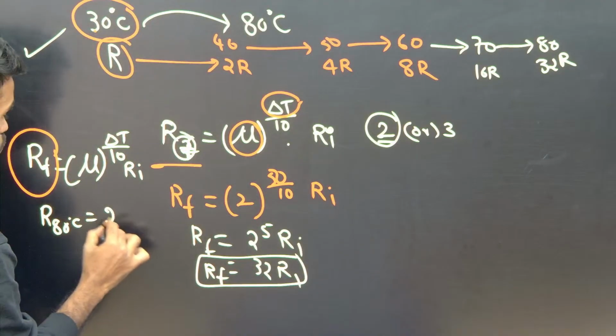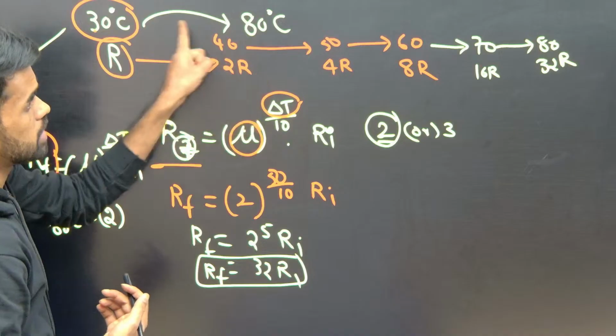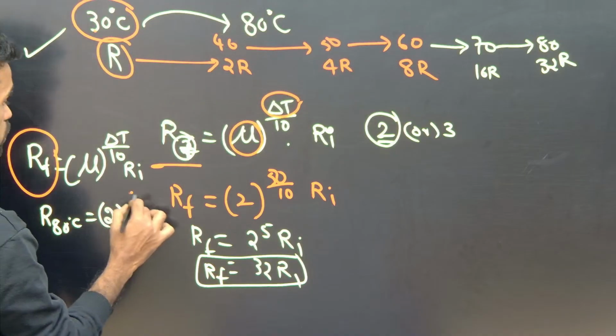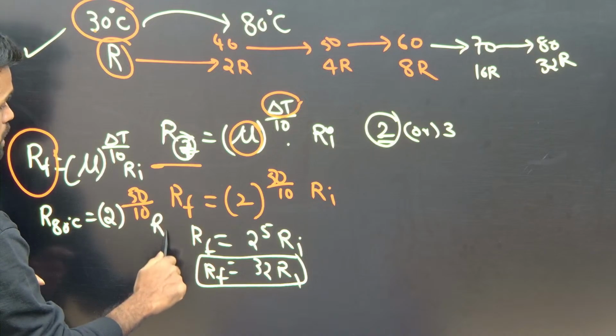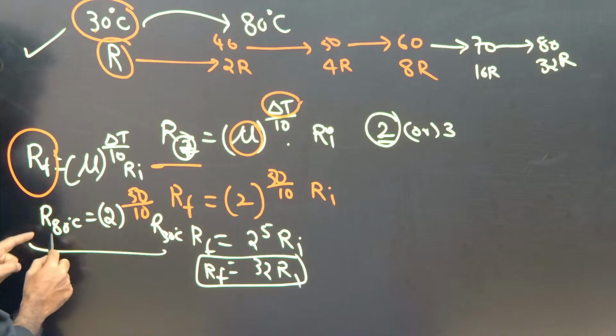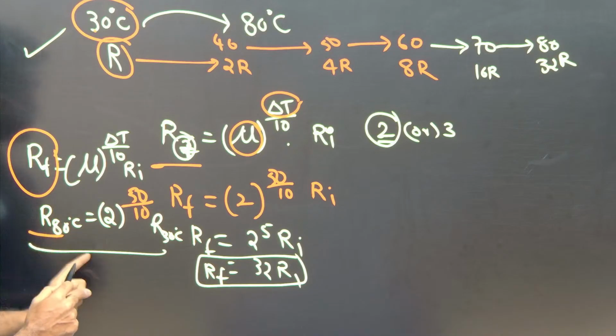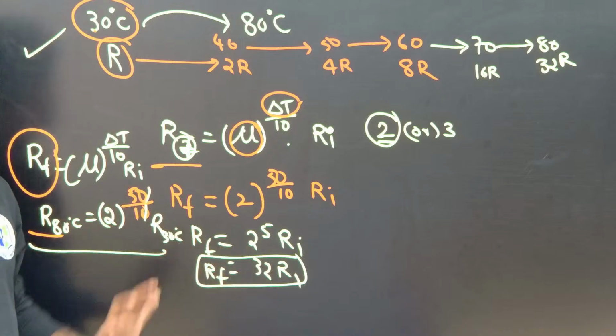Change in temperature is 80 minus 30, 50, and here it is 10, into the initial rate R at 30 degrees Celsius. So the final rate is 32 times the initial rate.